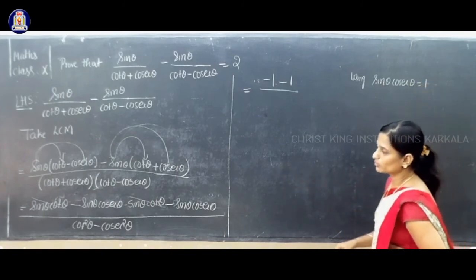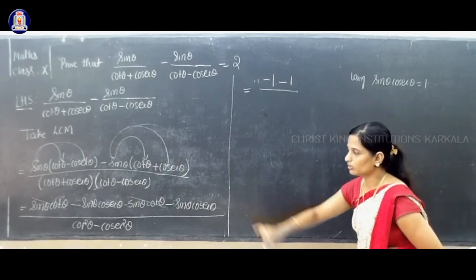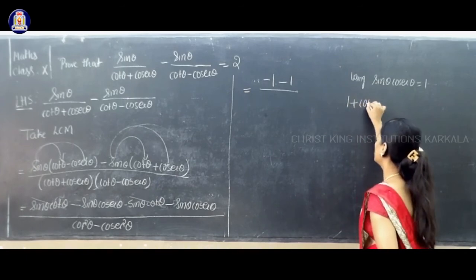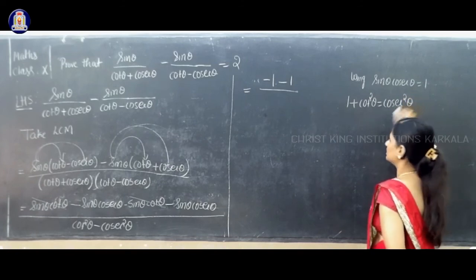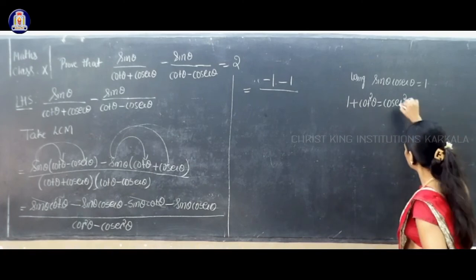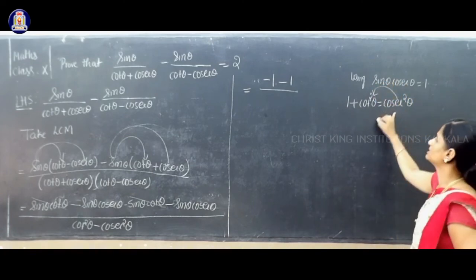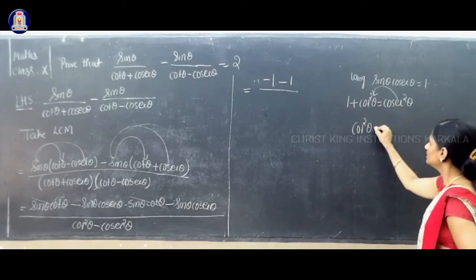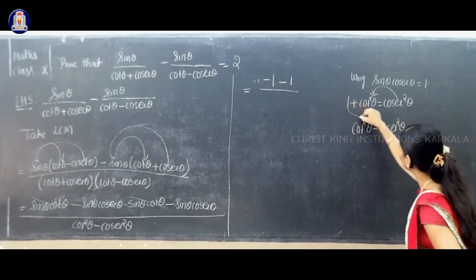The next is cot square theta minus cosecant square theta. Do you have a formula for cot square and cosecant square? What is the identity? It is 1 plus cot square theta equal to cosecant square theta, right? So I need cot square theta minus cosecant square theta. Take this cosecant square to that side, so cot square theta plus minus cosecant square theta, and this 1 comes to this side.